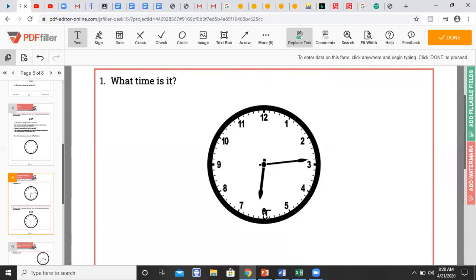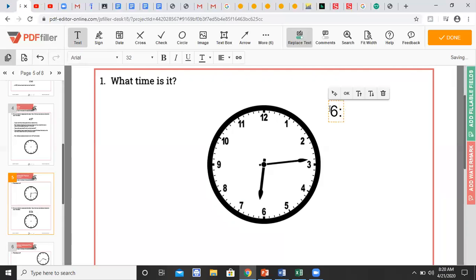So we know that our hour is 6. And now let's take a look at our minute hand. So we have 5, 10, 11, 12, 13, 14. So we see that the time is 6:14.